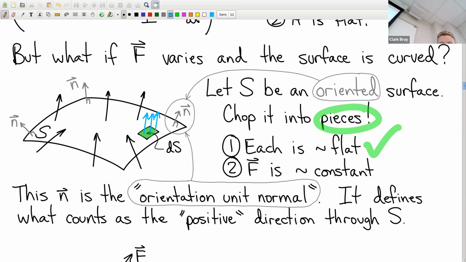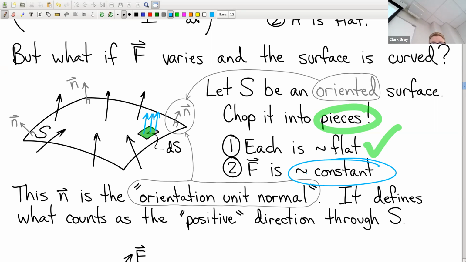And so it's approximately constant. So on each little piece, we can just use the usual formula. It's the usual chop it up, add it up strategy. And we've got some details that we've got to write down and some issues to worry about. But this is the big idea of how we're going to create this thing called a vector surface integral.